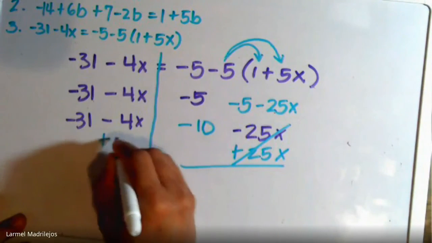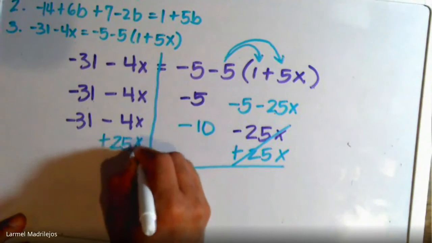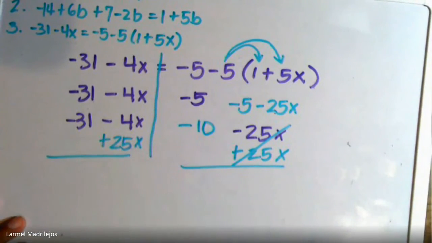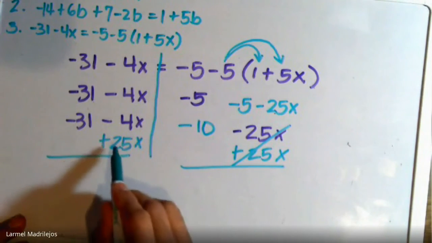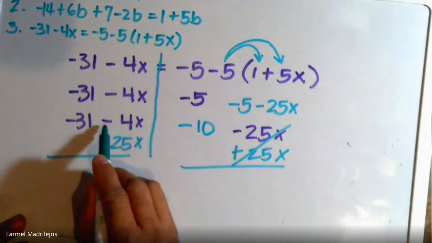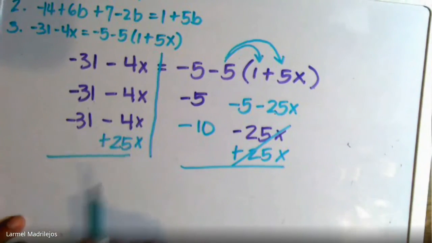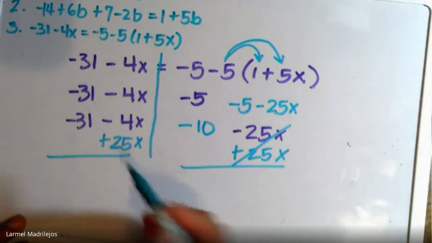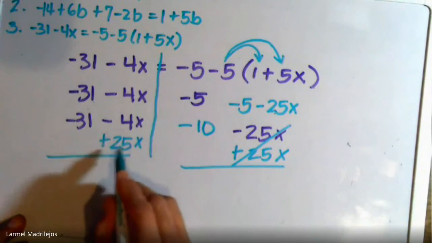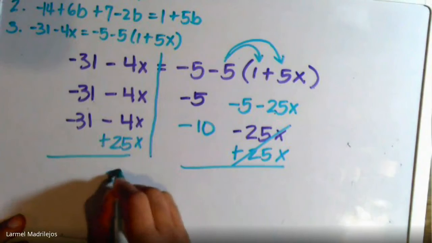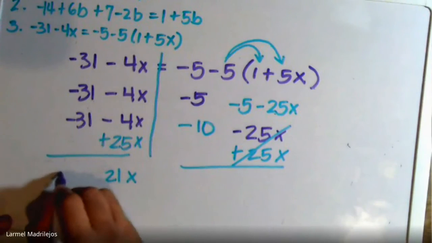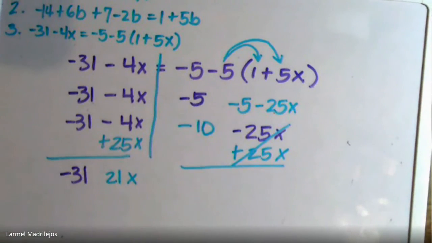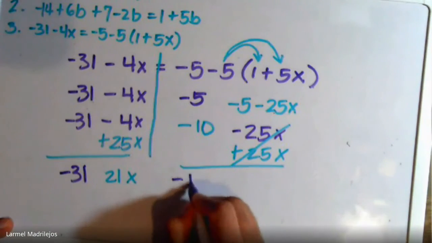And positive 25x here. So this time I can do something. I can have a positive number here. So a negative 4 plus 25, the higher number carries the sign. So the higher number is 25, we subtract. 25 minus 4 is 21, positive. I'm going to bring down the old numbers here, negative 31, and this minus 10 here.